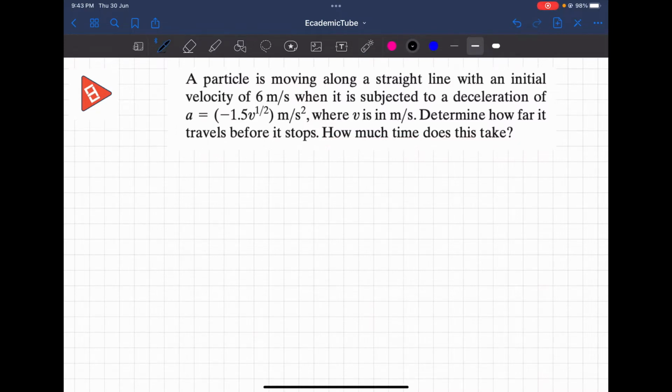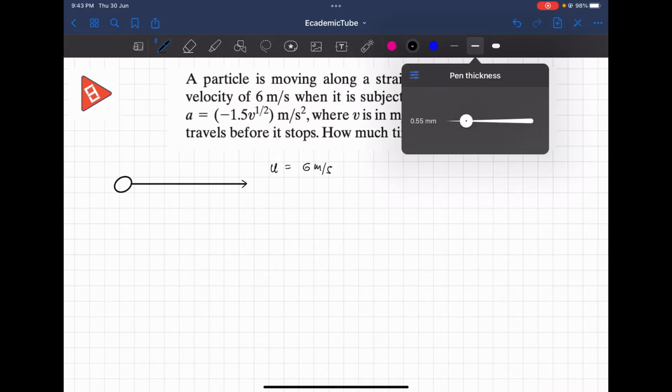So it is given that we have a particle traveling in a straight line, and its initial velocity is 6 meters per second. So u is equal to 6 meters per second.